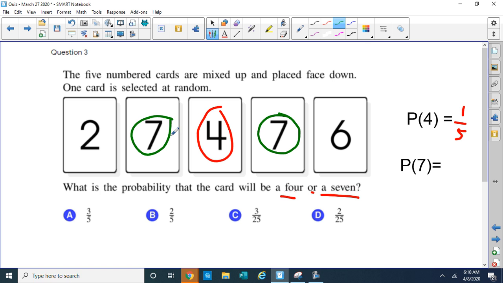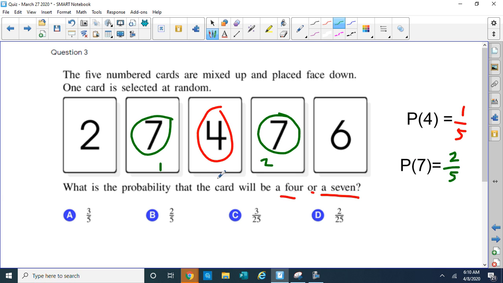So that's 2 more cards that I can get. So if I got 7, and I'll call this 7 number 1, and I'll call this 7 number 2, so there are 2 different 7s that I can get because there are only 5 cards, and 2 of them are 7. So my probability of getting a 7 would be 2 of them out of all of the 5 cards that are in the deck.